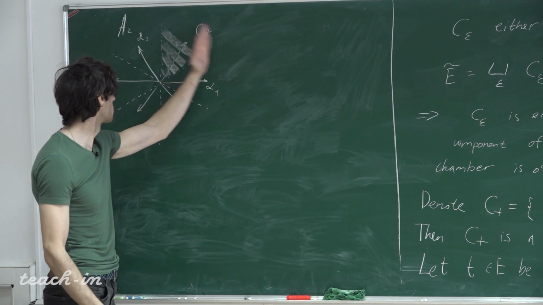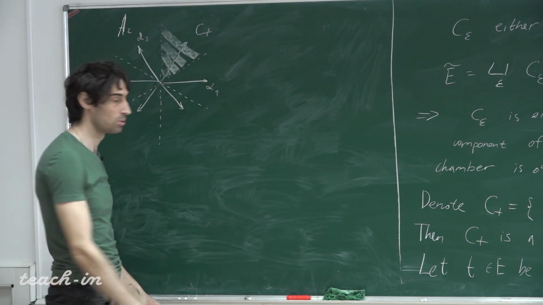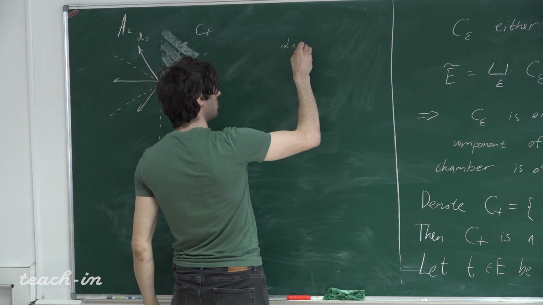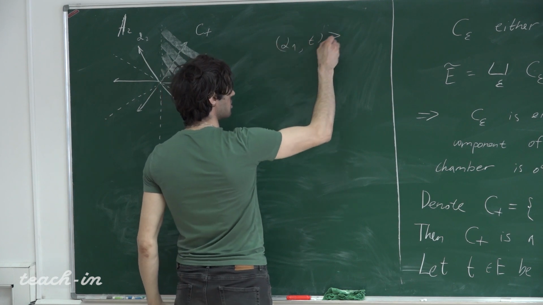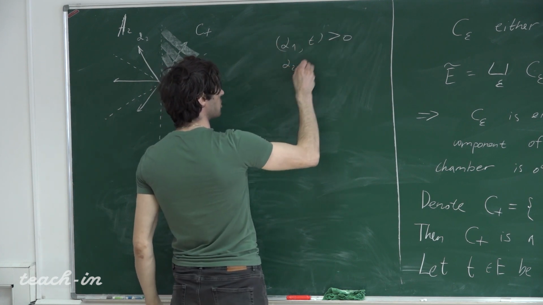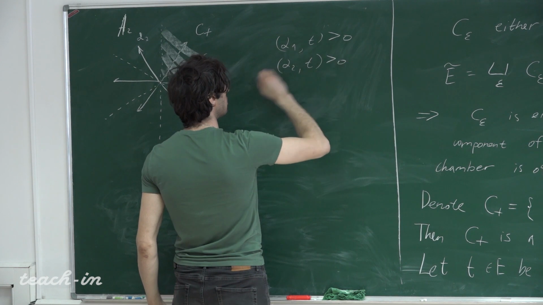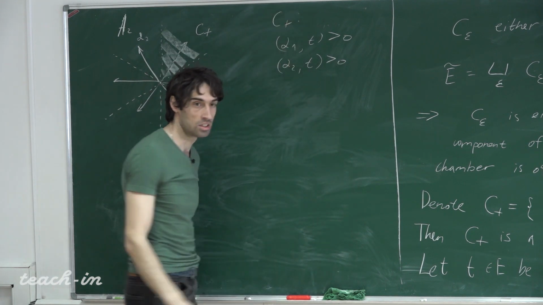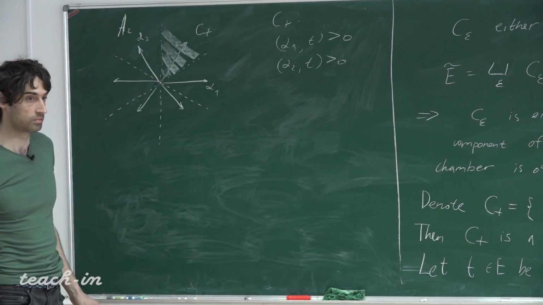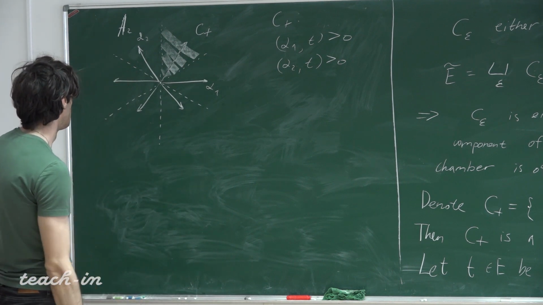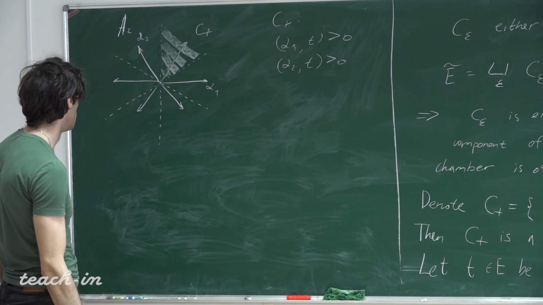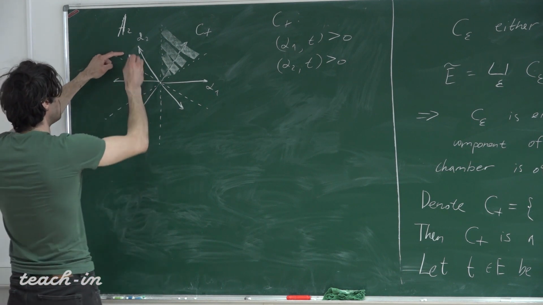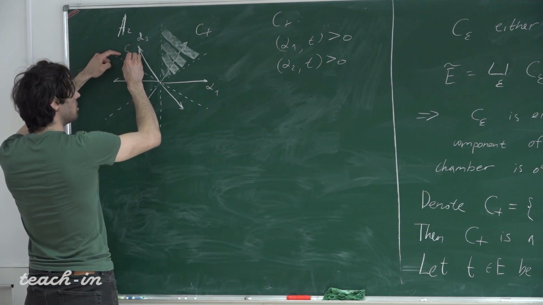It's an intersection of this one and this one. I have two conditions: alpha 1 with C is greater than 0 and alpha 2 with C is greater than 0. So this is C plus for me. And for example, this one, this is C.